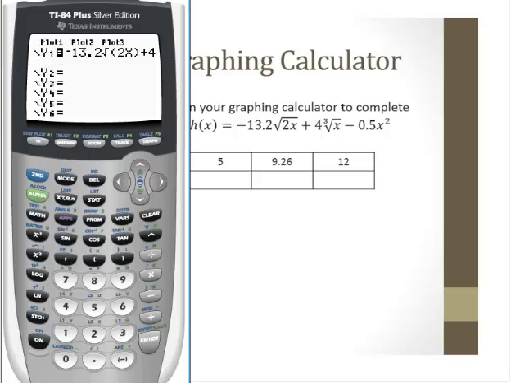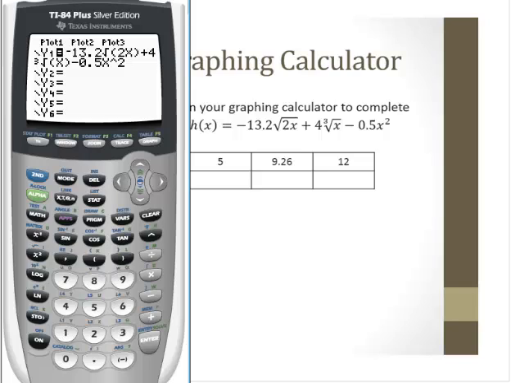The cube root is in the math menu of your calculator, so I'll hit math, and it's the fourth option. I'll scroll down to the fourth option and hit enter. Cube root of x, close off the radical, and then subtract 0.5x to the second, so I'll just use the caret 2. So there's my function.